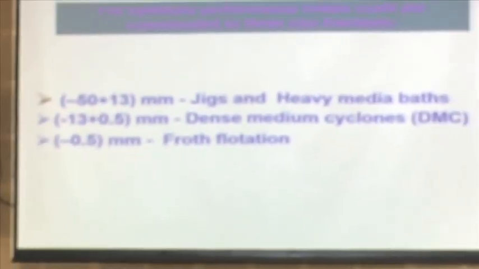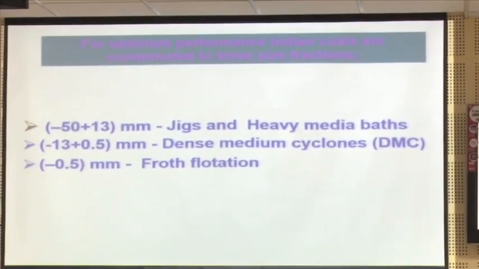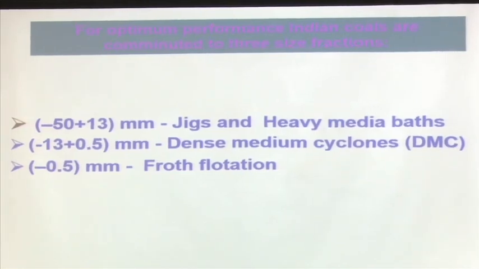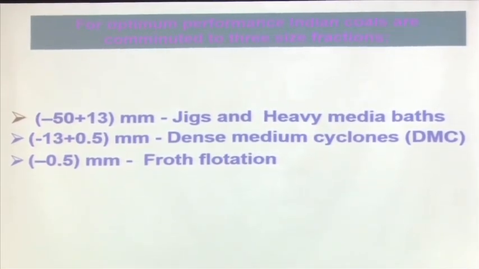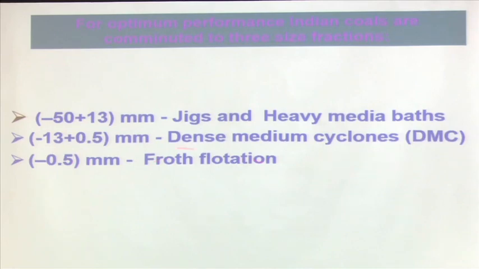So, what do we do? Normally we group them into different sizes. We say this is the coarse coal fraction, this is the medium coal fraction, this is the fine coal. Fine coal means it is minus 0.5 mm, and you see that the process is different. Now we are not talking about gravity concentration; we are talking about surface modifiers, froth flotation, chemistry-based processes.